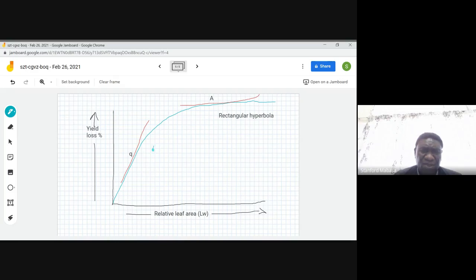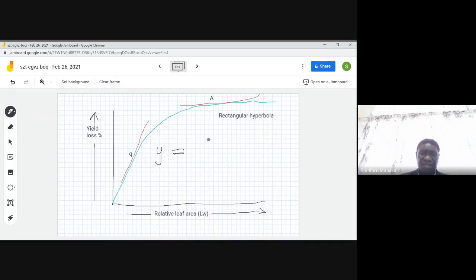So according to them, yield loss, that is Y, is equal to, now they multiplied the slope and the relative leaf area.